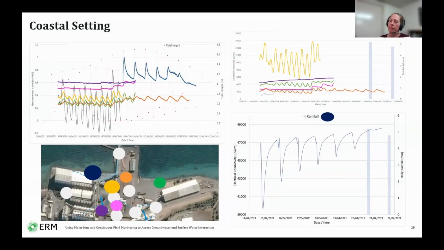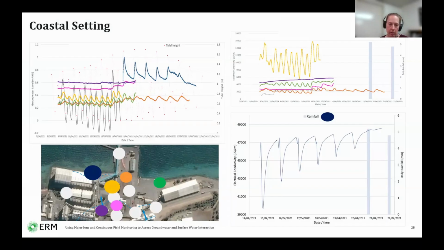So the graph on the left here shows groundwater elevation and tidal stage. They're in the red dots. It's a little bit hard to see, but you can see that there's a higher response in the groundwater elevation in some bores, and particularly focusing on the bore that's shown in dark blue, to the tidal fluctuations when you compare that to, say, the fluctuations you see in the purple and the pink bores.